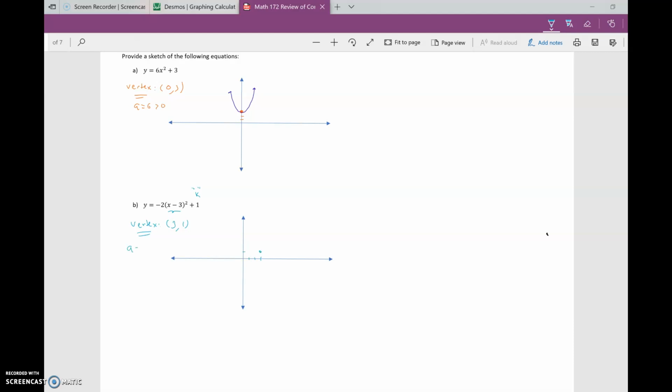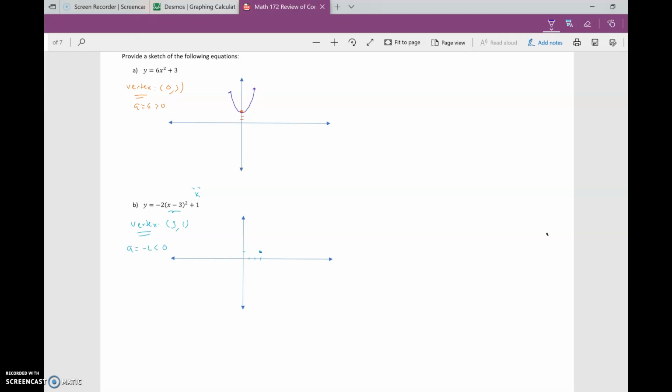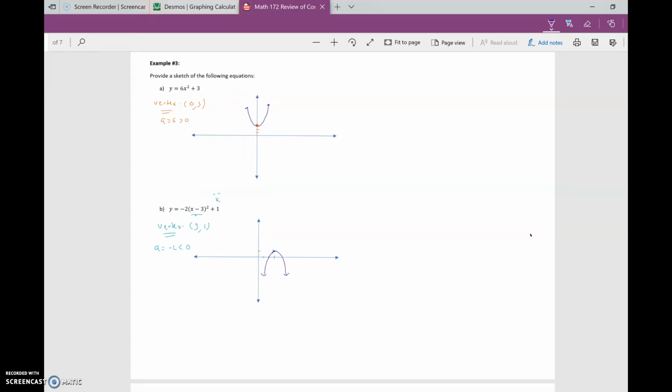And then the value of A is equal to -2, less than 0, which means that this specific parabola is actually going to open downward. So that's actually all I need, just the vertex and the direction that it's going.